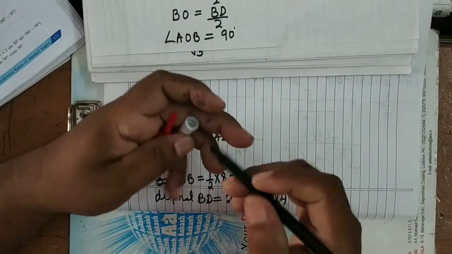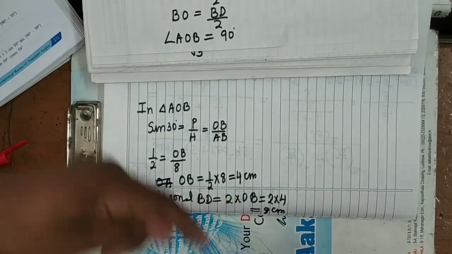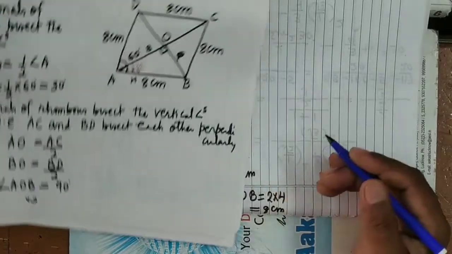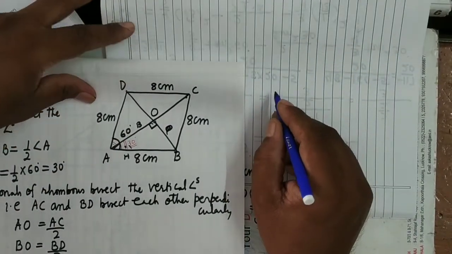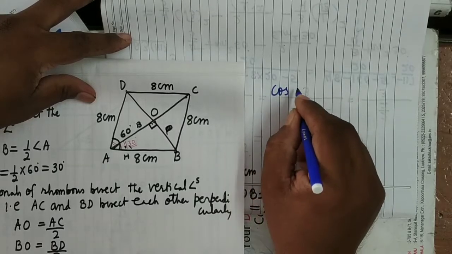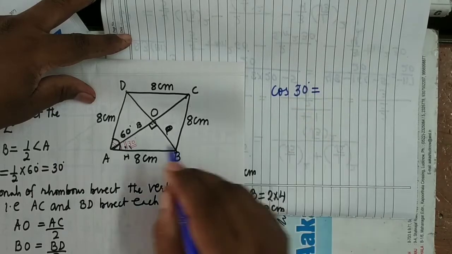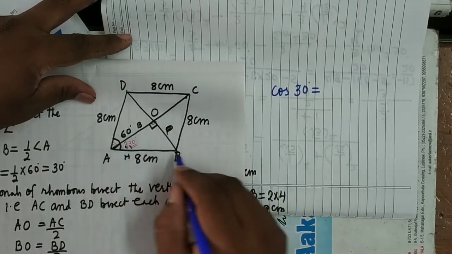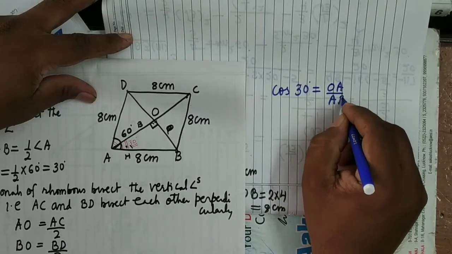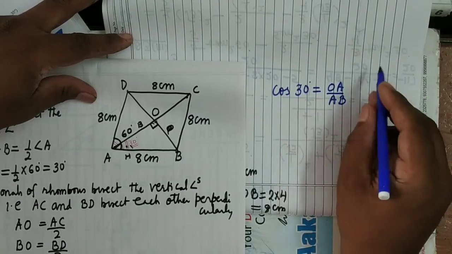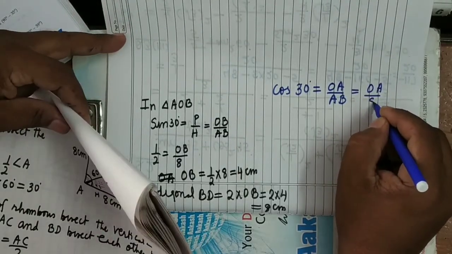Now by applying cos, you can get the OA. So see here, cos of angle 30 degree. So cos 30 degree equals to OA upon AB. What is AB? AB is given 8.